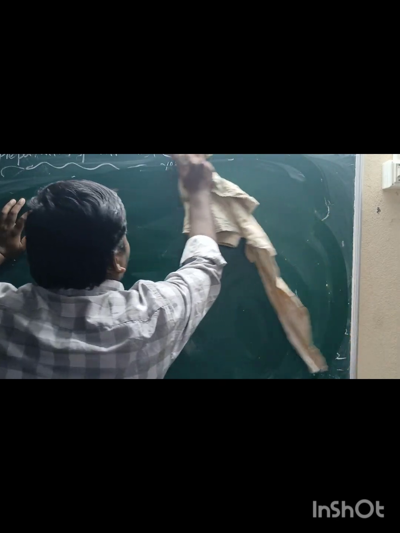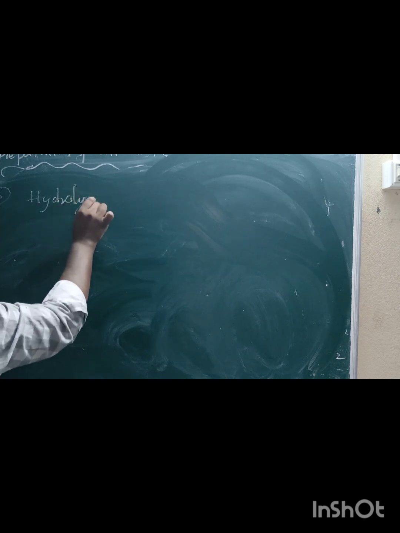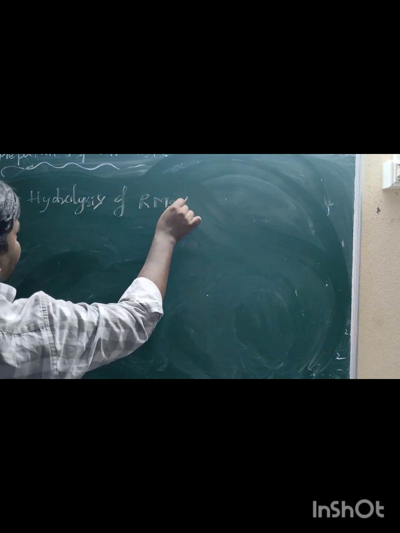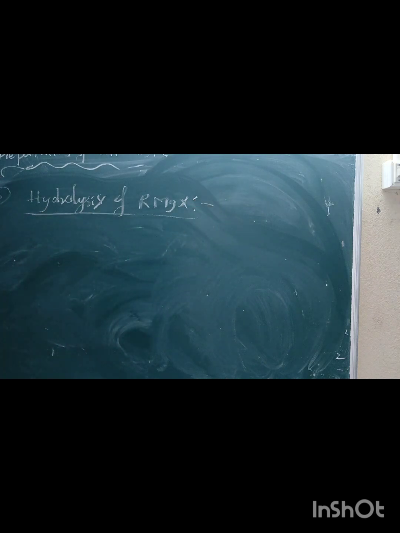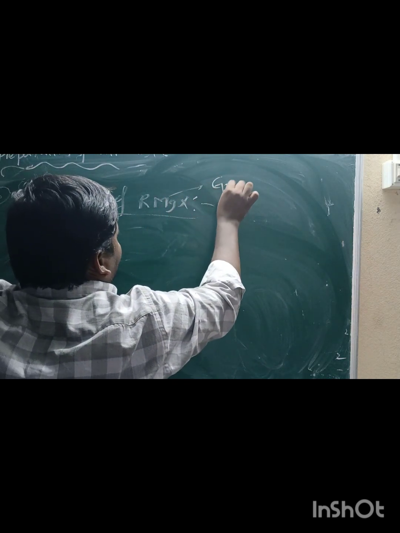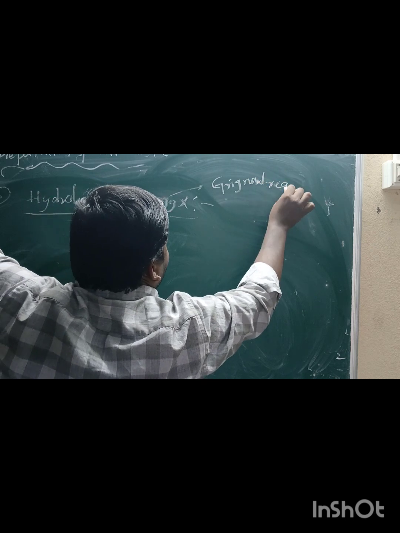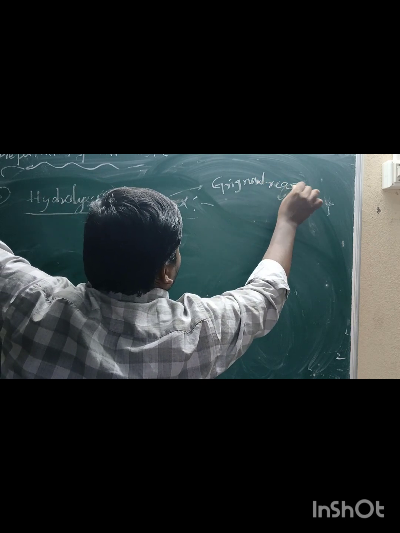This is the third preparation method, hydrolysis of alkyl magnesium halide. Alkyl magnesium halide is also called Grignard reagent.